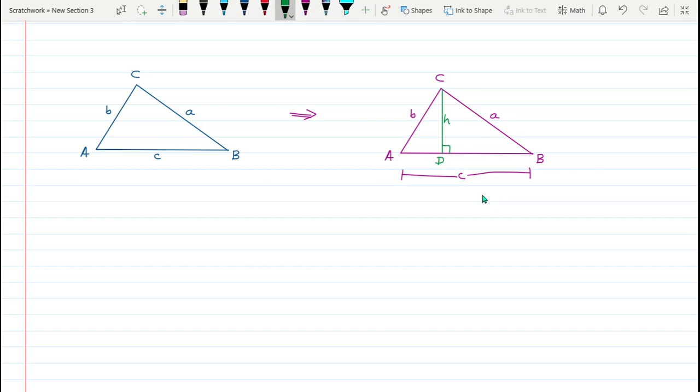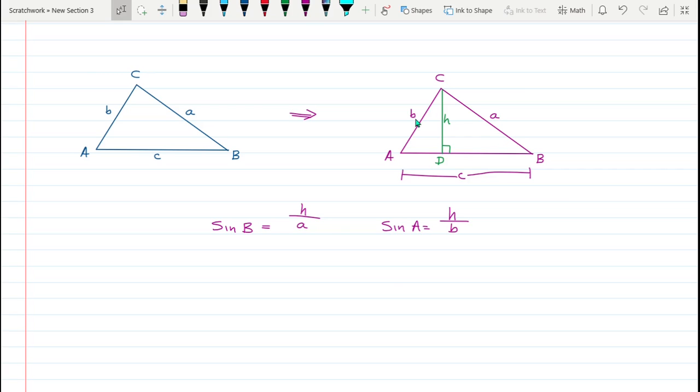So for example, say that we define sine of B on this triangle using the SOH-CAH-TOA definitions that we know. We're going to get opposite over hypotenuse, so h over a. And then we can also do sine of A, which is here, and we get opposite over hypotenuse, so h over b.